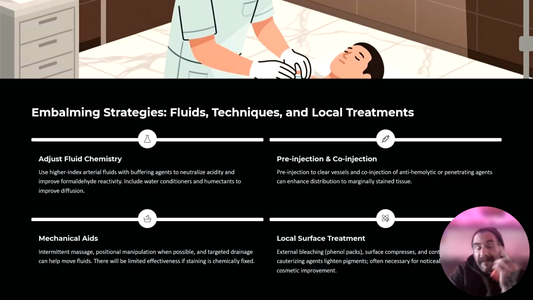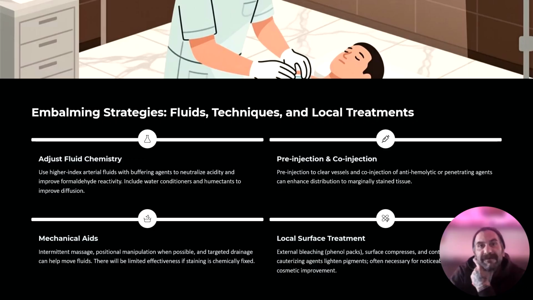You have mechanical assistance: massaging, intermittent drainage, repositioning, all things that can improve the distribution before the staining becomes fully fixed. In cases where the pigments are chemically bound, the only realistic improvement comes through local treatments: bleaching agents, phenol packs, controlled cauterizing compounds.